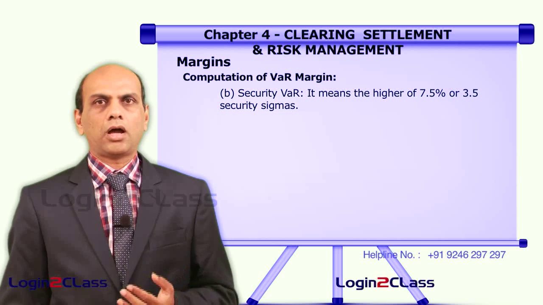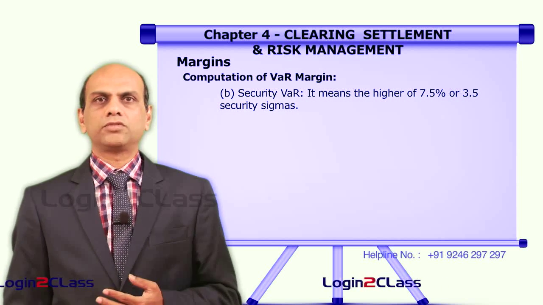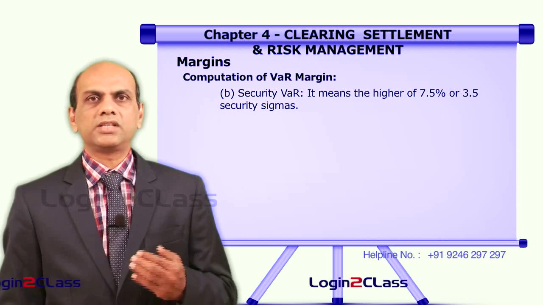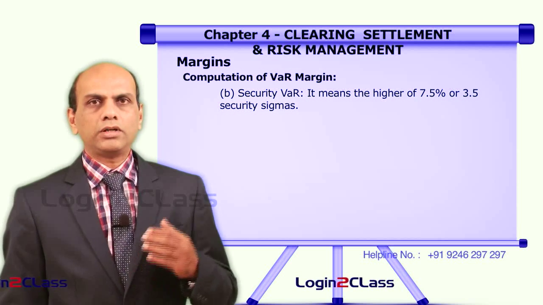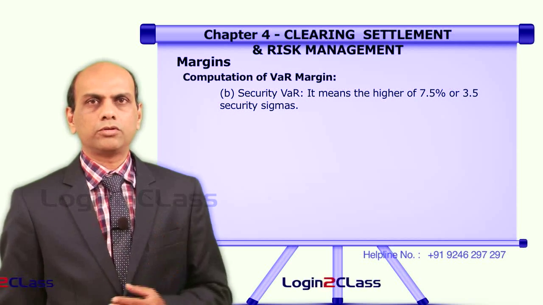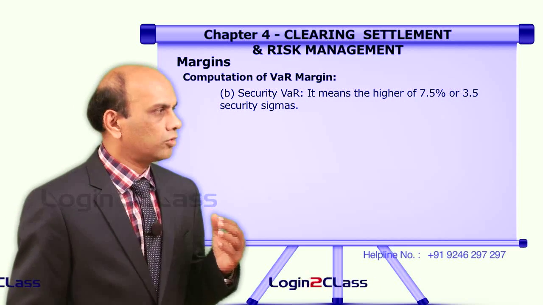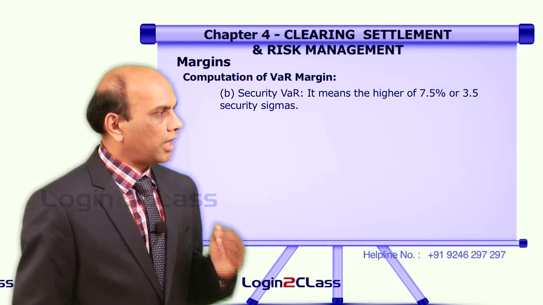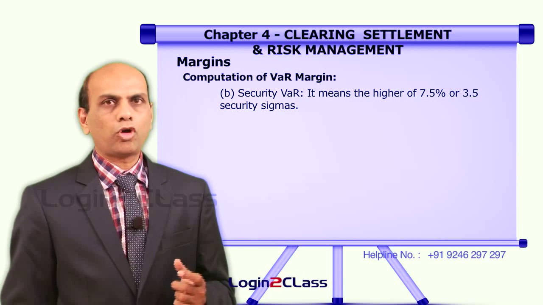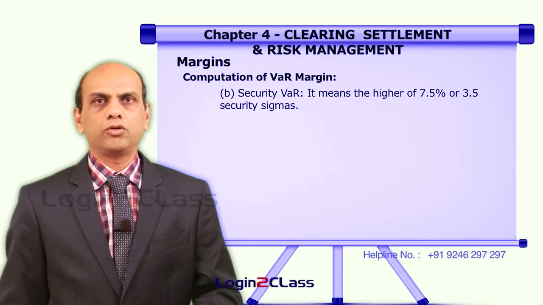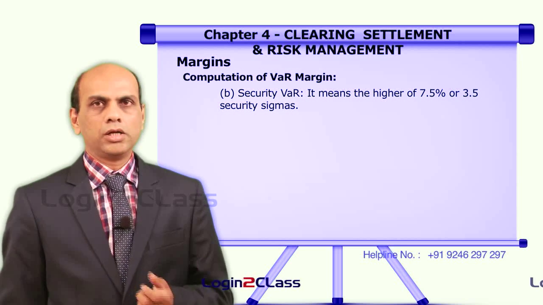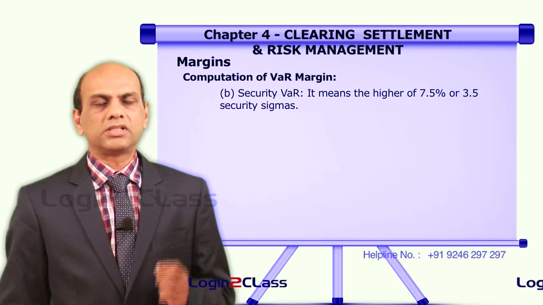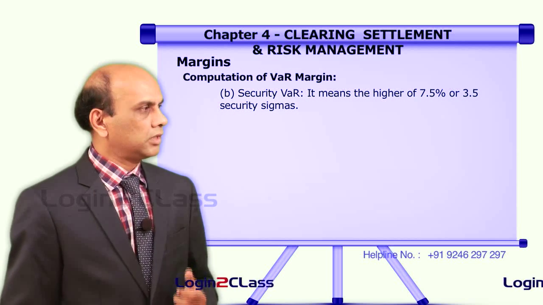We have seen how to arrive at the volatility of the security in security sigma. Now, we are seeing what is the value at risk for such particular security based on this security sigma. It is arrived at as the higher of 7.5% or 3.5 times the security sigma, whichever is higher.